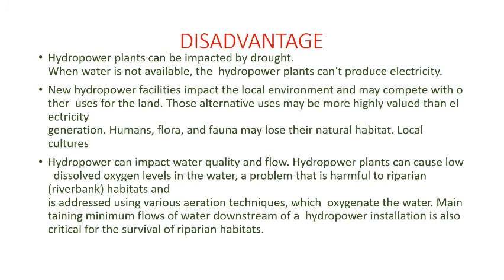So oxygen should be supplied within this water. Now when we build this type of dam or power plant, it hampers the oxygenation of the water. So it affects different types of animals, even different types of plants. Maintaining flows of water downstream of a hydropower installation is also critical for survival of river habitats.